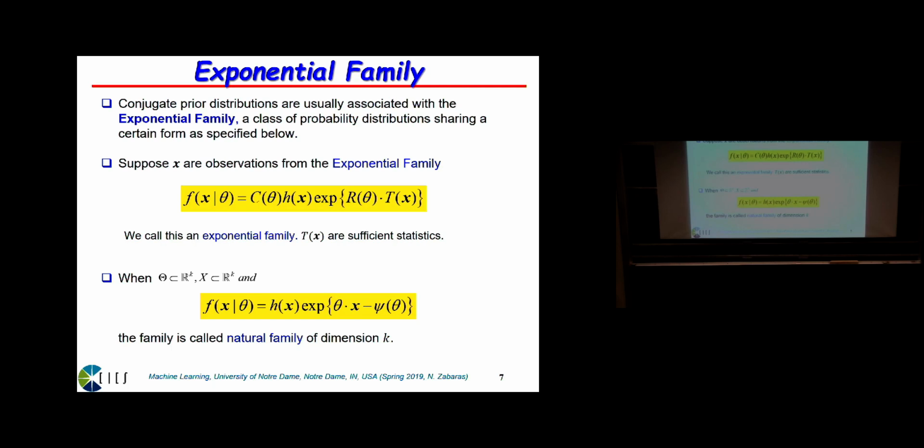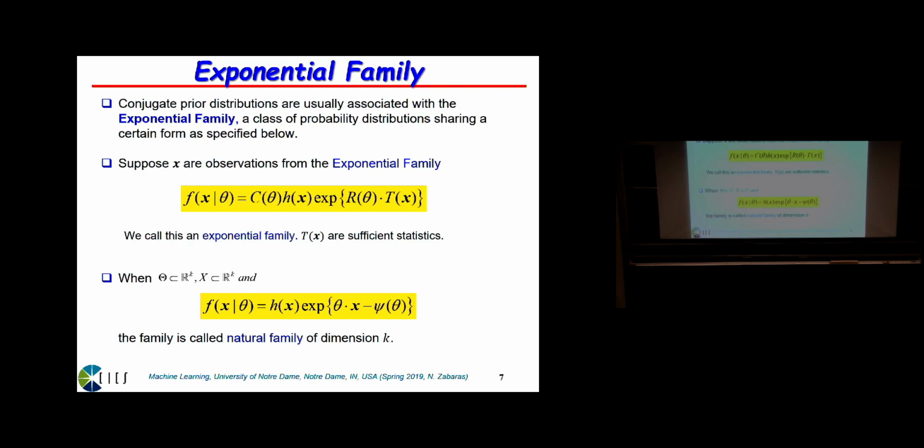And we call t of x the sufficient statistics of the problem. So when it comes to estimating theta, the only thing you need to know about the data x is this function t of x, because that's the only thing that comes in that expression. That's why we call this the sufficient statistics. And I will give you specific examples in the following slide.